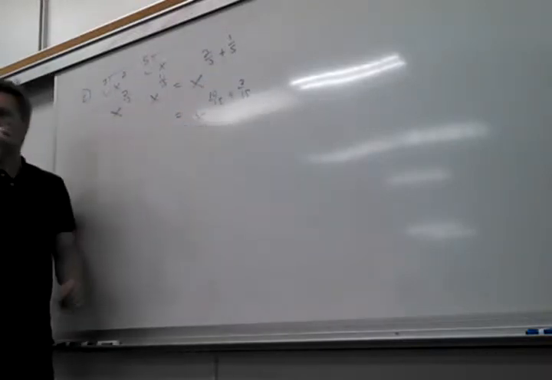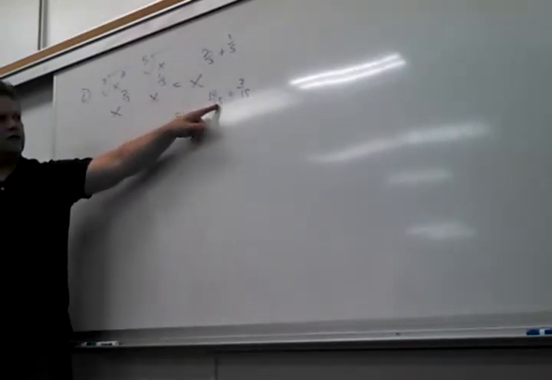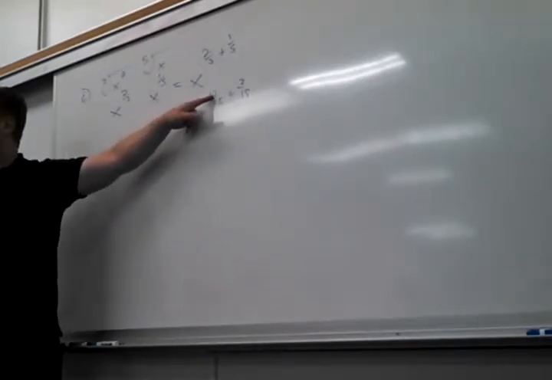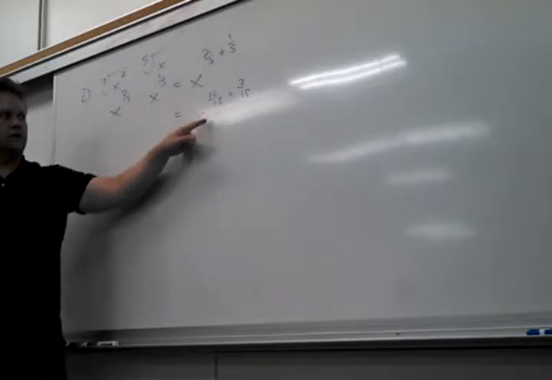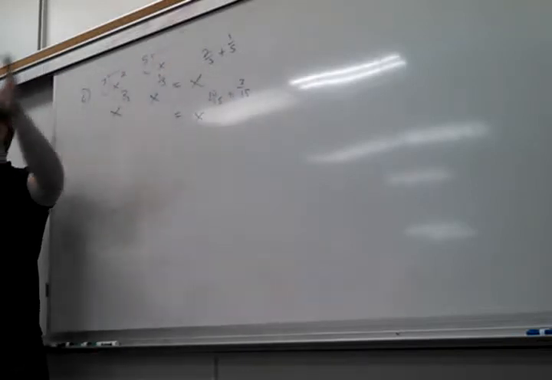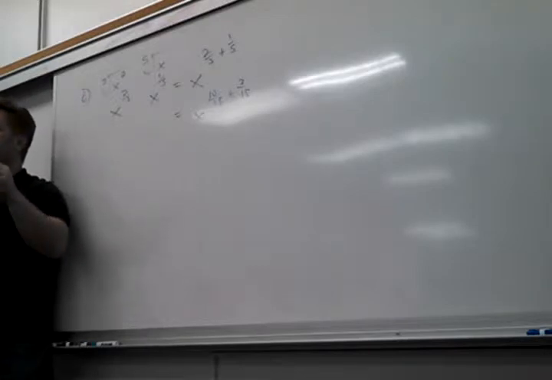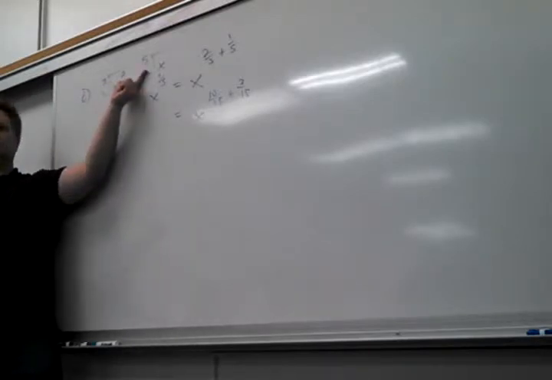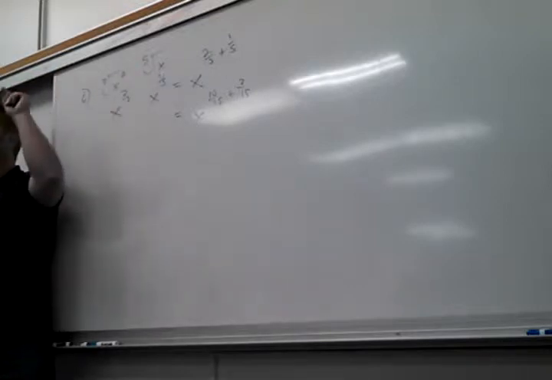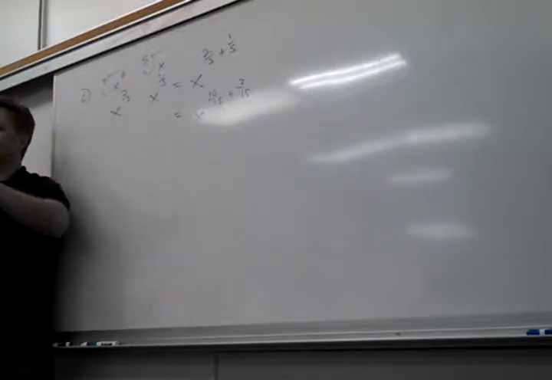Now really think about what you just did. This is the 15th root of x to the 10th. This is the 15th root of x to the 3rd. They would have the same root then, wouldn't they? So finding an LCD is making the roots the same. Because you can't multiply two root expressions unless they have the same root. Let me say that again.